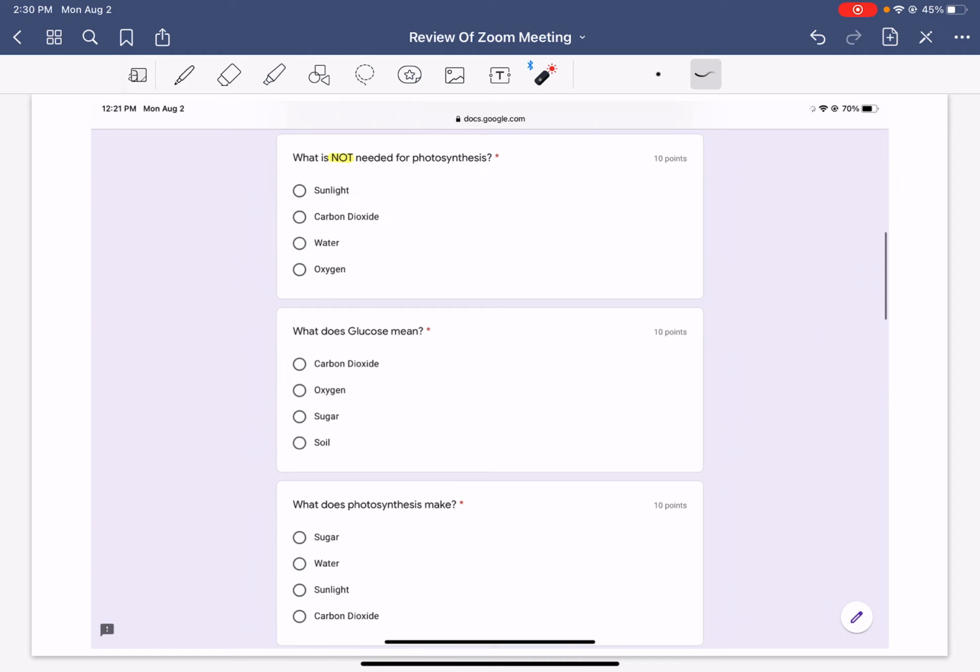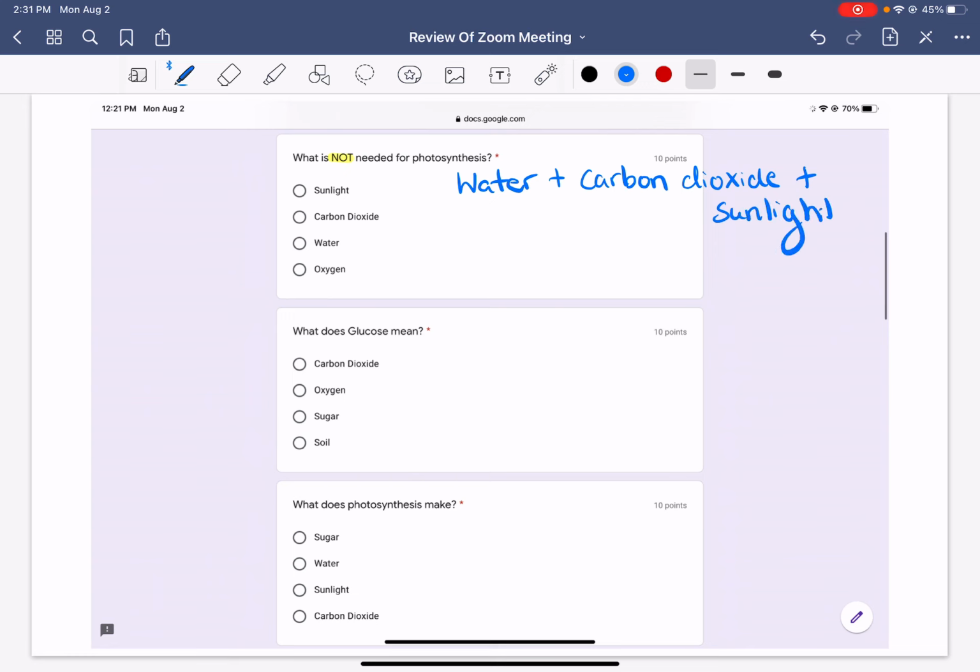So let's take a look at photosynthesis. What do we need for photosynthesis? We need water, carbon dioxide, and sunlight. What do we make?